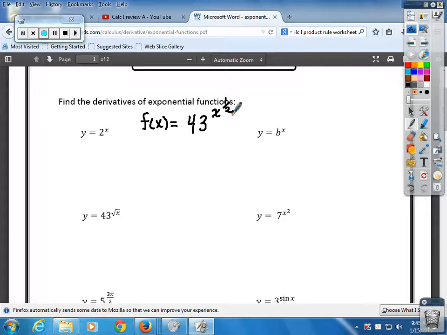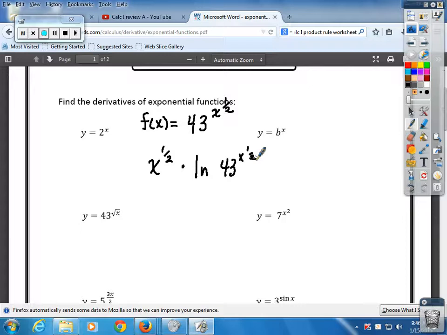Is that correct? Did I say that right? Got to pull that out, so that's going to be x to the 1/2, because you always pull that out. Then you multiply by the natural log. I'm thinking it should be the natural log, right? Natural log of 43, x to the 1/2.